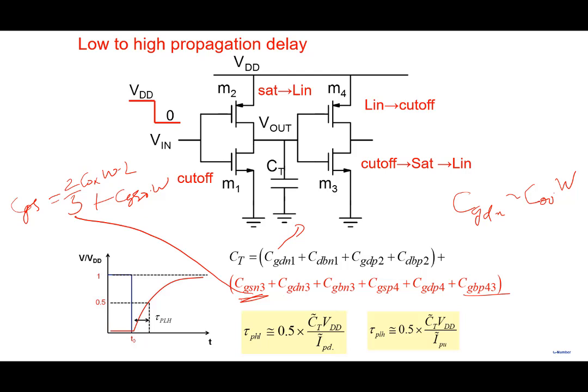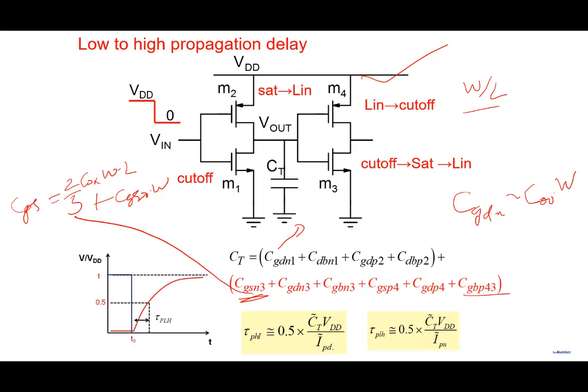Now note how the design proceeds. You have some specifications, then you go ahead and do a design, and you end up with a schematic like this. In a schematic, you have the structure and information about W by L, the size.